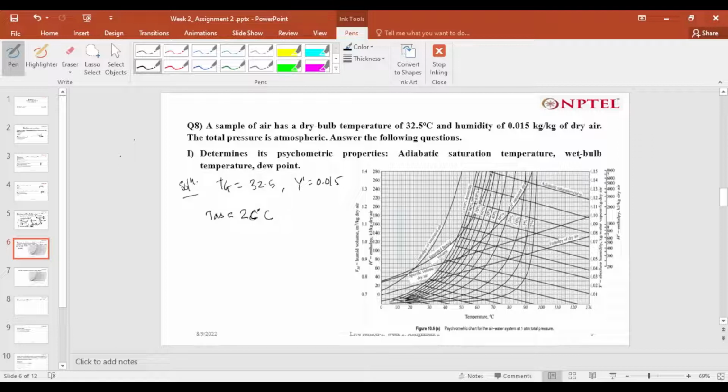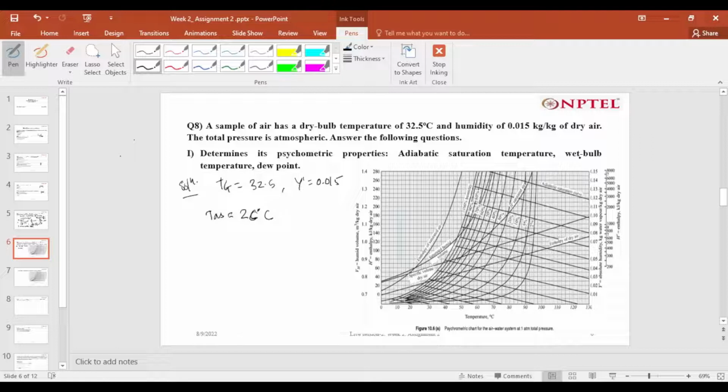First locate the Tg, and now locate this point, 50 degrees Celsius, and this point.